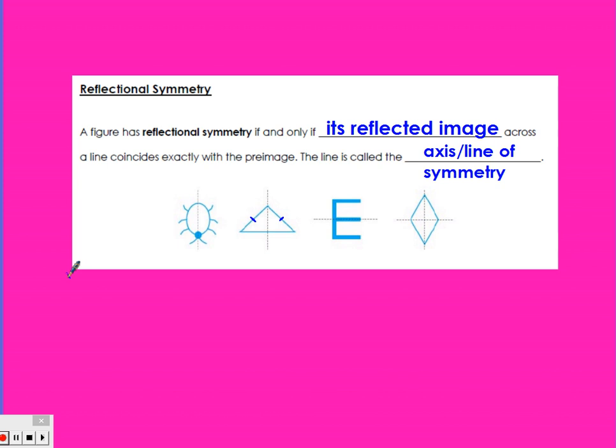All right, try to identify what else is congruent. So in all of these we have one line of symmetry, but here we actually have two. We could fold this down or we could fold this over and it would match up either way.